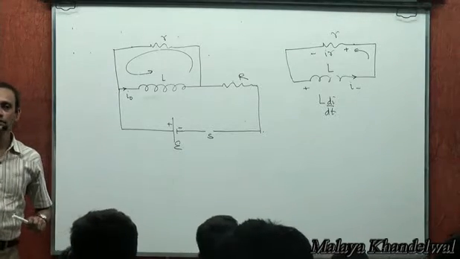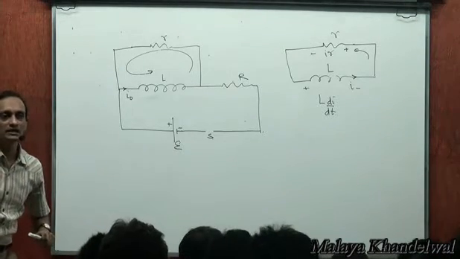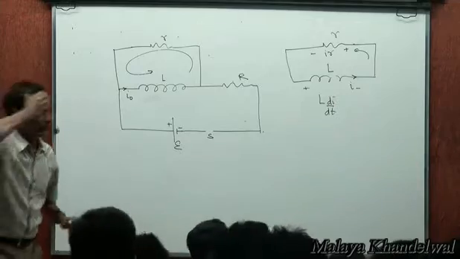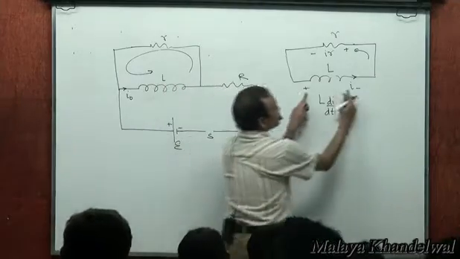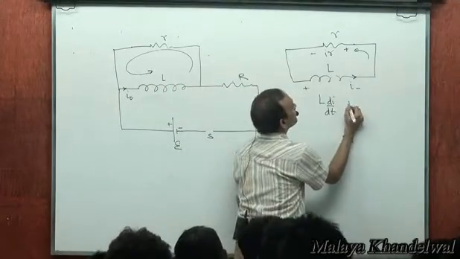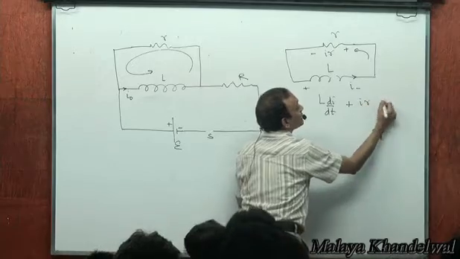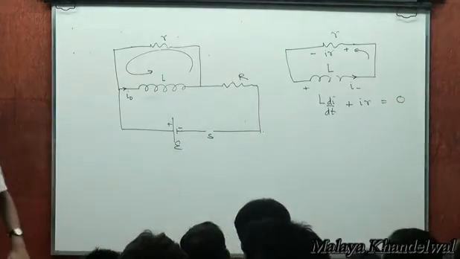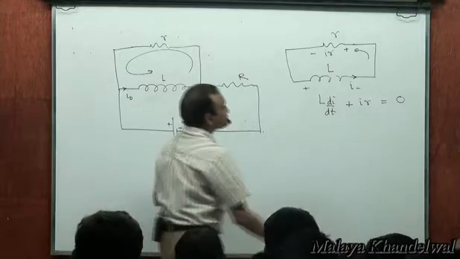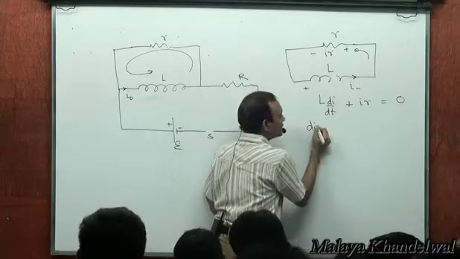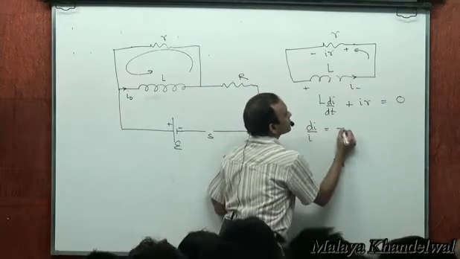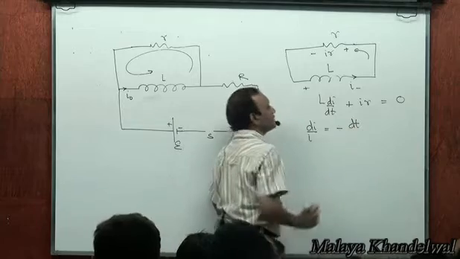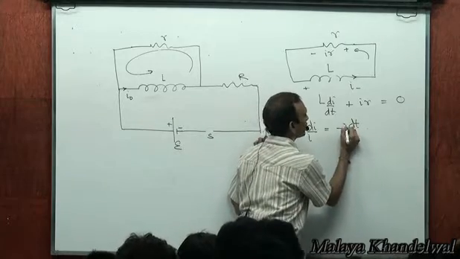Let me apply KVL to the loop at this instant of time during the decay. So the drop across this, L dI/dt plus IR, must be 0. Right? So dI by I is minus R dt by L.